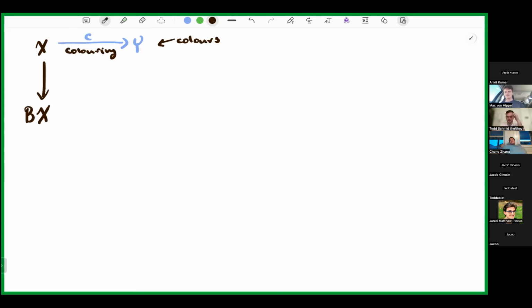Yeah, for sure. So given one of these colorings, because of the adjoint condition, we get a unique lifting to a coalgebra homomorphism into the co-free coalgebra.